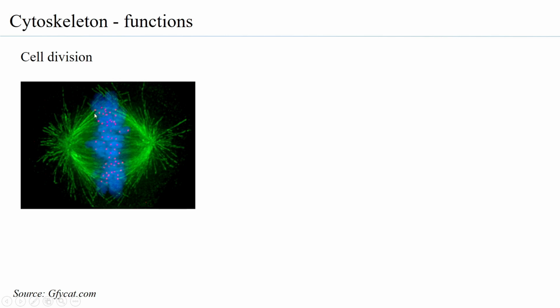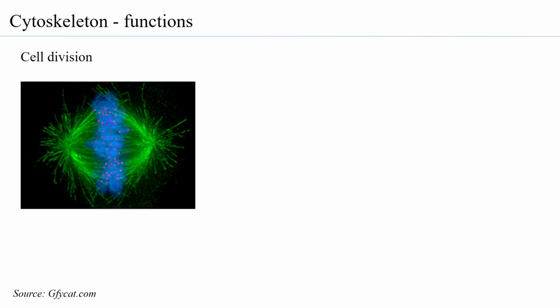So when the cell is in interphase, that is, it is not in the mitotic stage, you will never find spindle fibers. It is only during cell division that you will find the spindle fibers being formed. So here is one indication that it is not necessary that a cytoskeleton is present all the time in a particular cell.